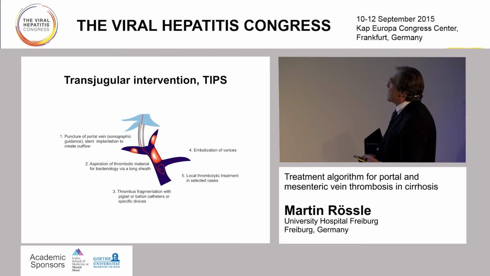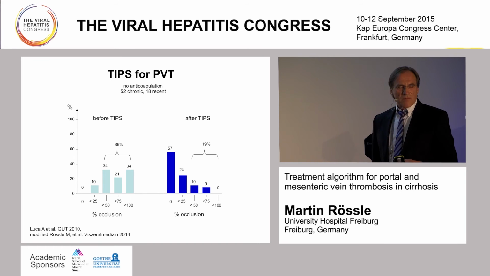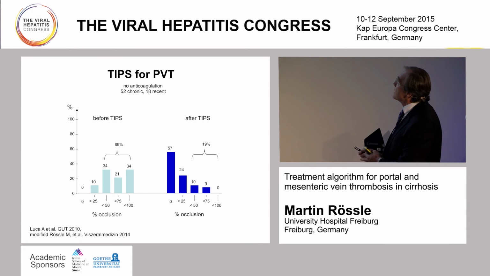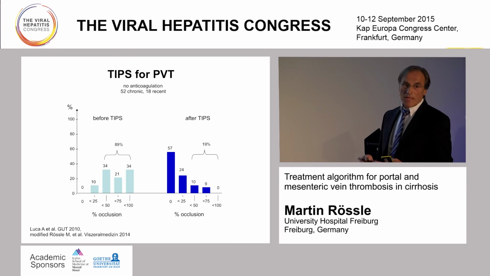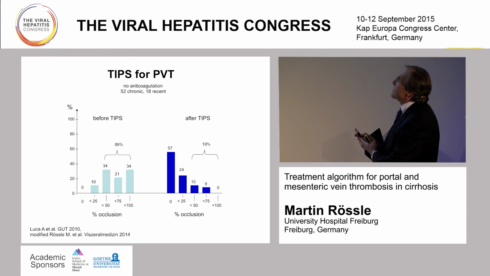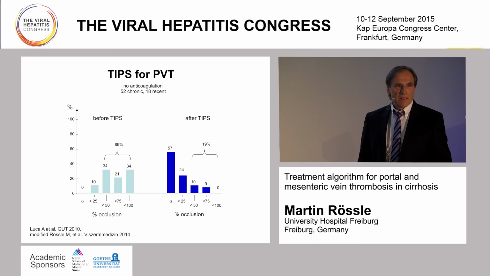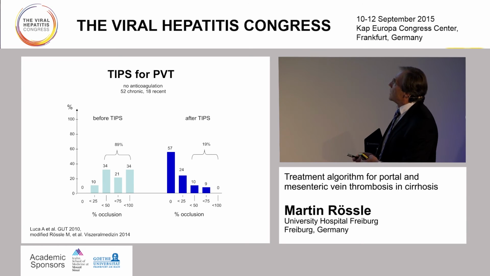Now, there are a few studies available with very, very low numbers of patients, but there is one study published by Luca in 2010, and this study included 52 chronic portal vein thrombosis patients with cirrhosis and 18 recent patients. They implanted a TIPS, but they did not give any additional anticoagulation.